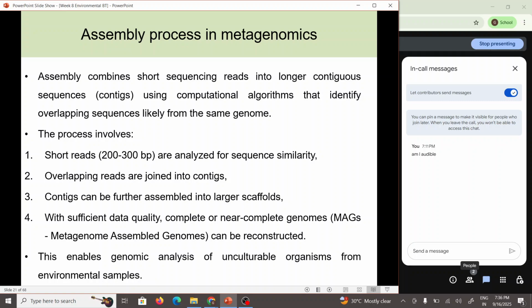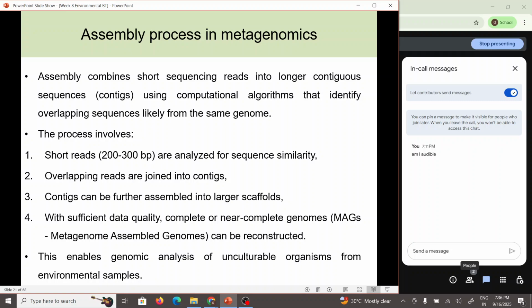And this reconstruction of the complete genome is called the metagenome assembled genomes, MAGs. So first, we are extracting the whole genome as DNA from the microorganism. We are cutting it into small fragments and then sequencing it.